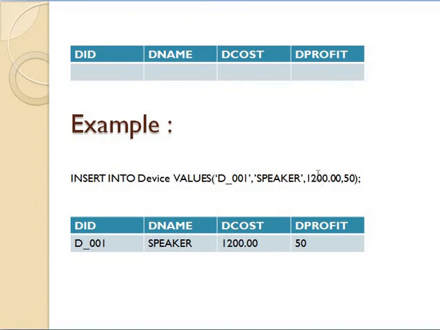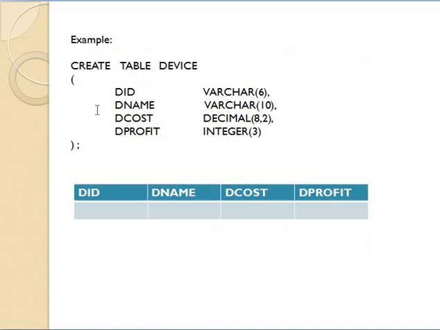Now see the third value, that is 1200.00. This value is for the column dcost, and it's not enclosed within quotation. This is because the data type for the column dcost is decimal. Since decimal is a data type which is numeric in nature, for assigning numeric values we should not enclose them within quotations.